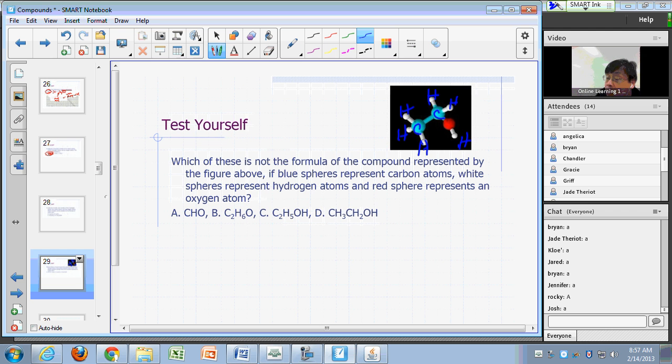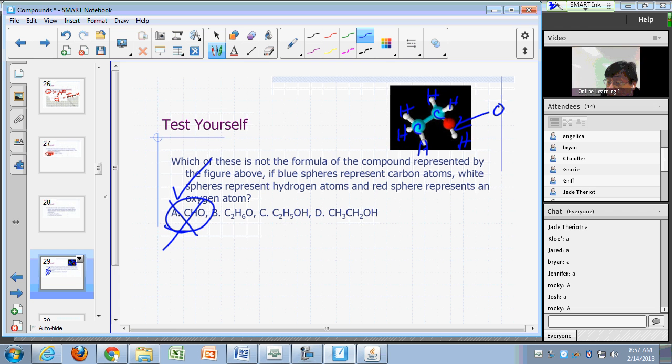And the red sphere is oxygen. So, which of these is not the formula of the compound represented by the figure above? Correct answer is A. So this is the correct answer.